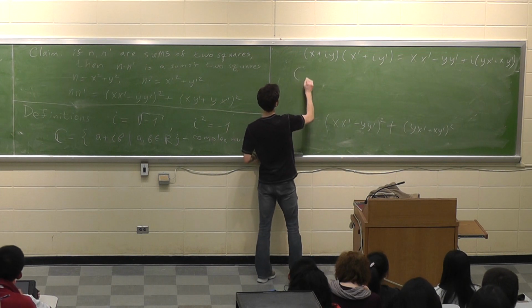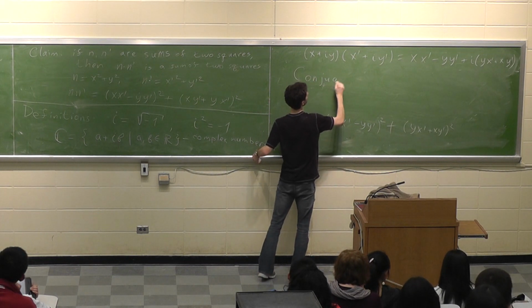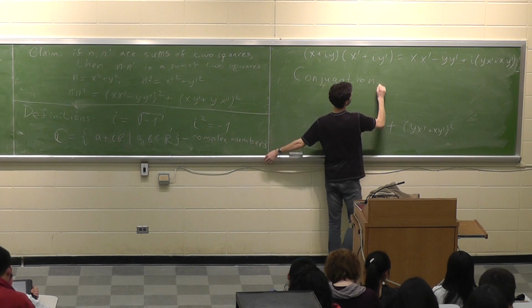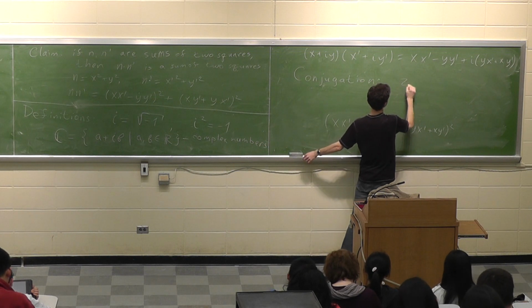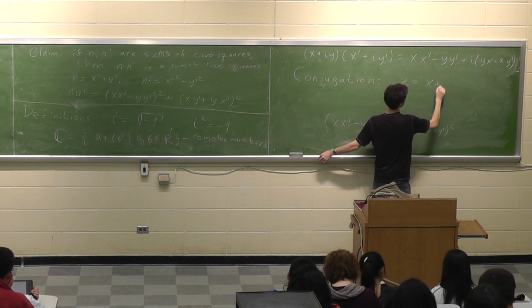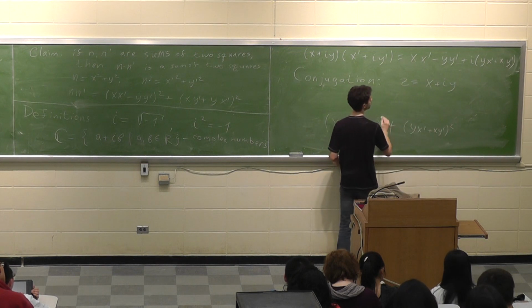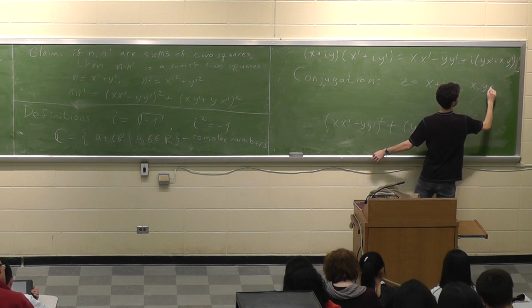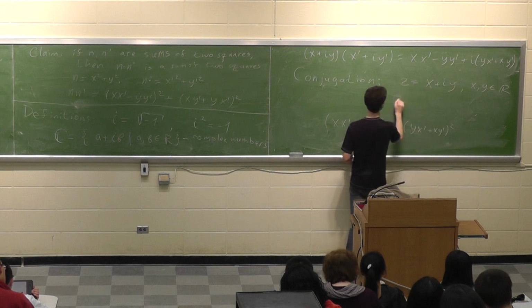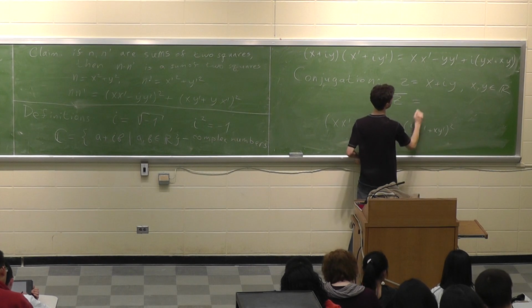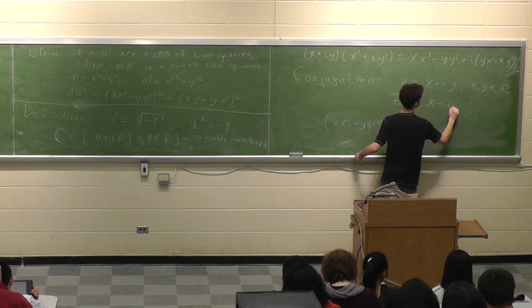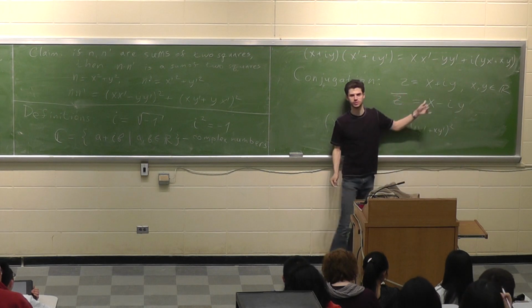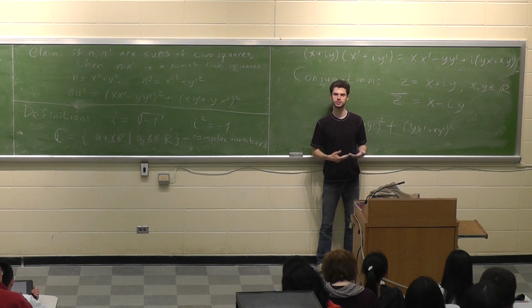It's called conjugation. If we have a complex number which is x plus iy, then its conjugate is the same thing, but with square root of minus 1 replaced by minus square root of minus 1.